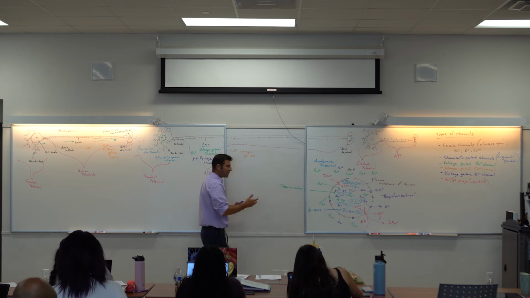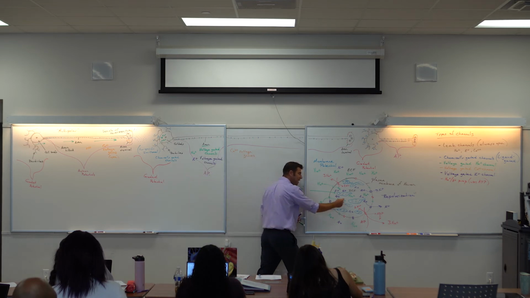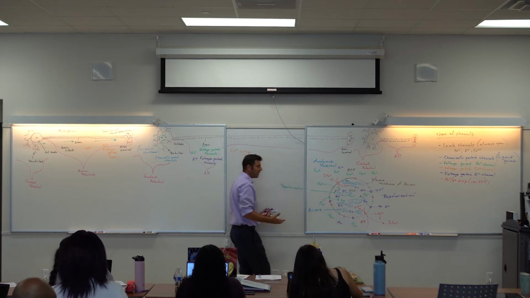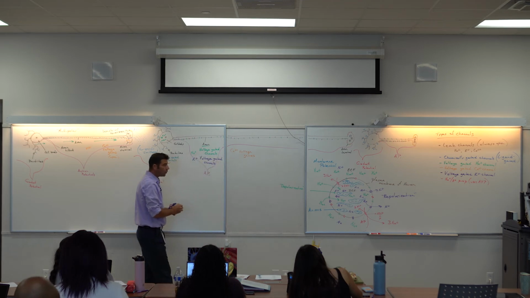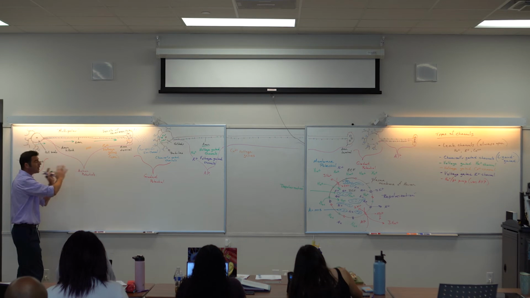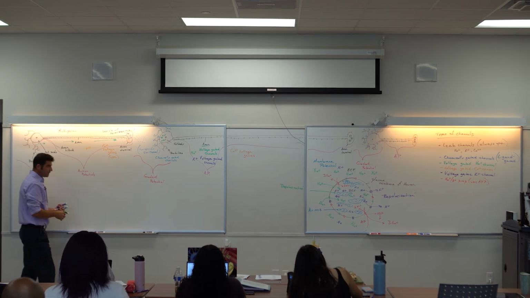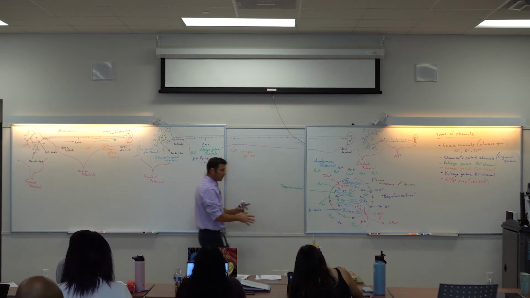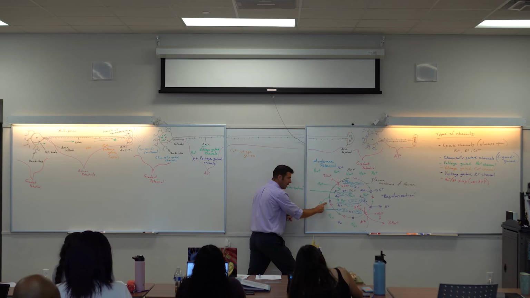And we described that it's got a negative charge because there are all these negatively charged proteins in the cytoplasm of that cell. And what we're about to graph here, when we graph how these neurons send these rapid electrical signals, is going to have to do with voltage-gated sodium channels opening up, allowing sodium to come into the cell.